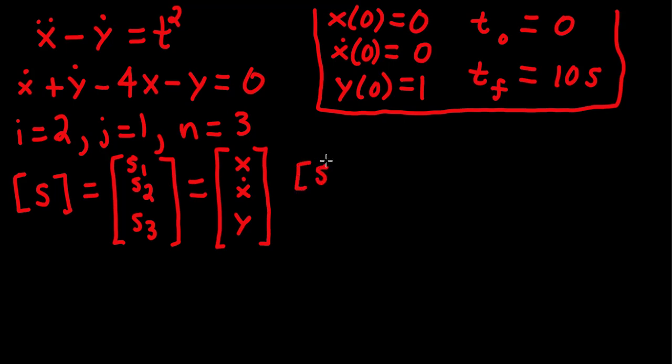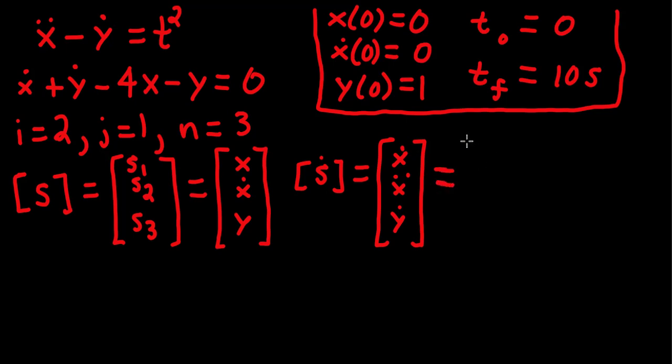Likewise, s dot is going to be x dot, x double dot, and y dot. This is similar to the problem we had earlier, just a bit more complicated, so you will be seeing some repeat here. And x dot is just s2.